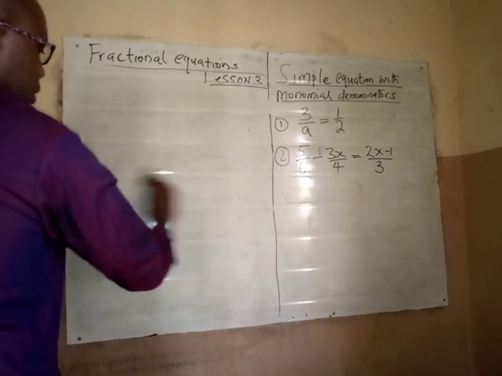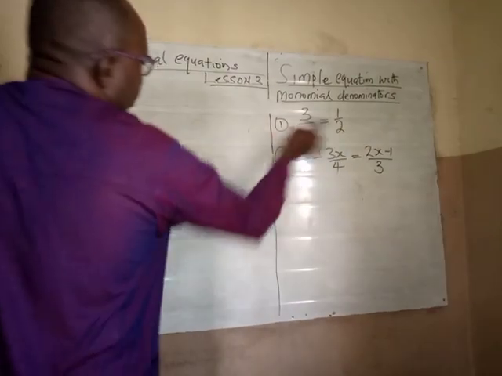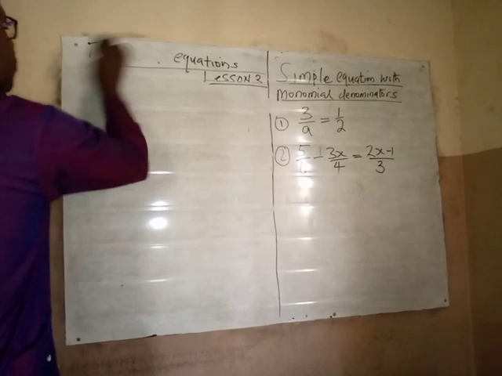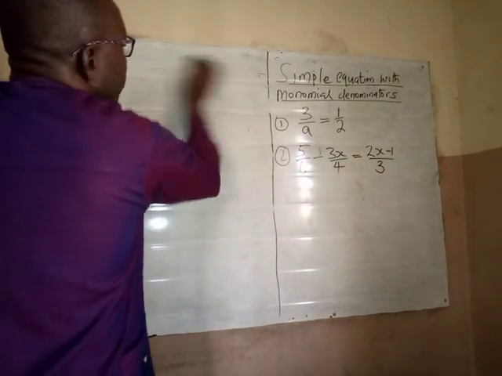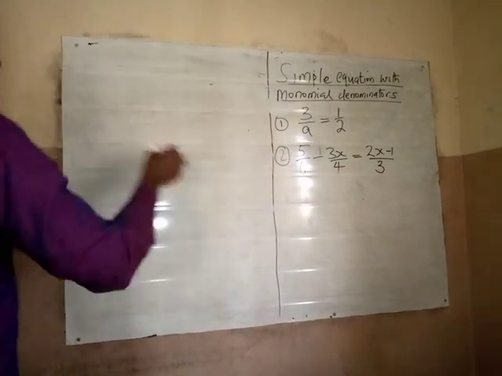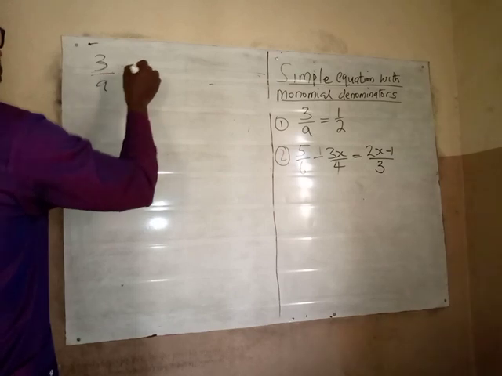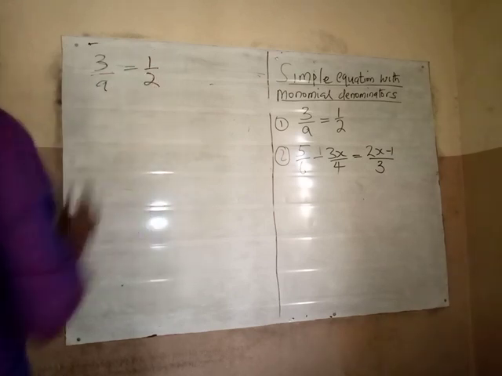So we are going to take an example of what we have on the board here. Simple equation with monomial denominator. So we are going to have 3 over a is equal to 1 over 2.